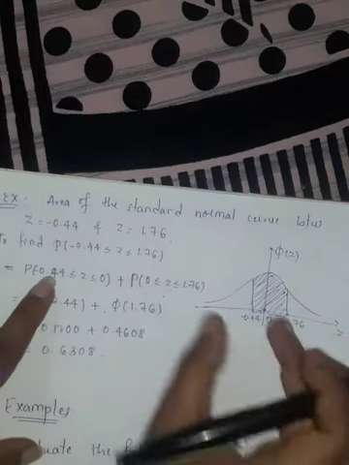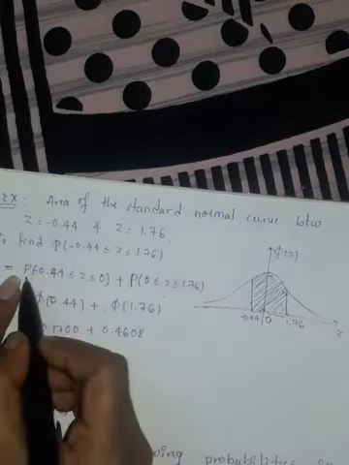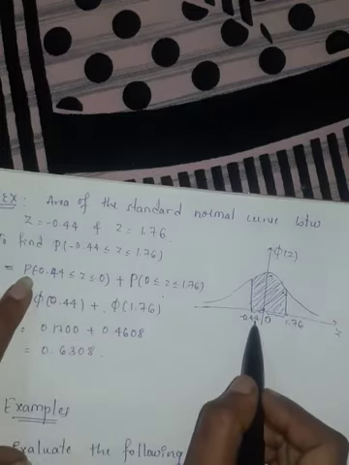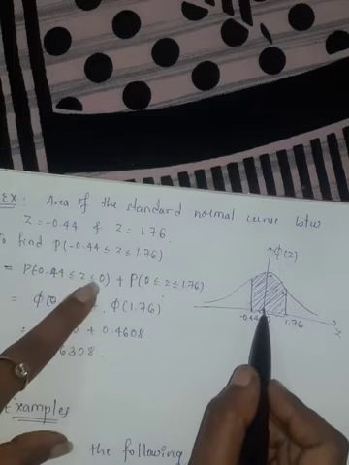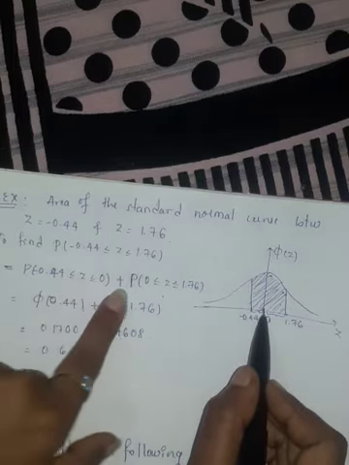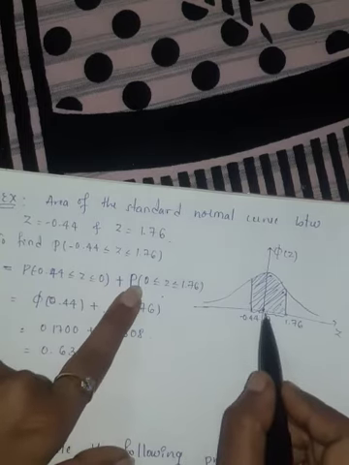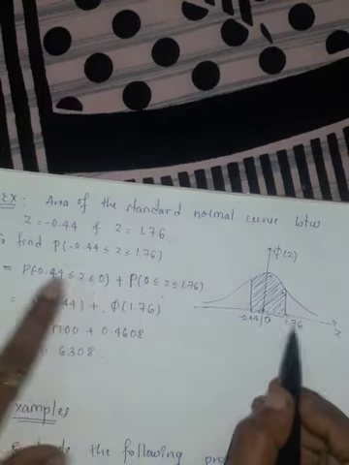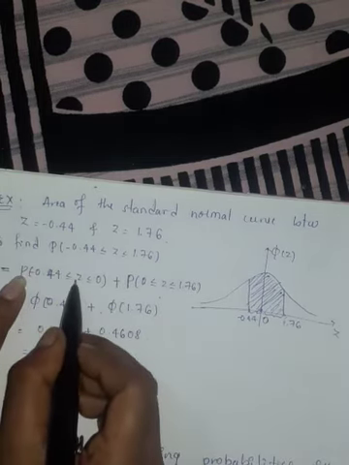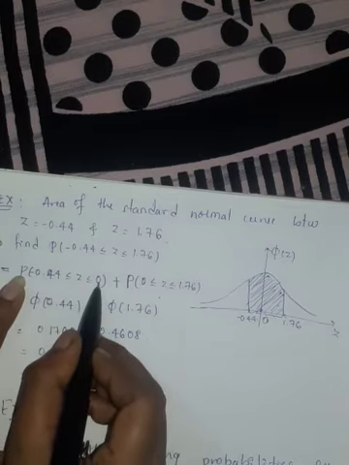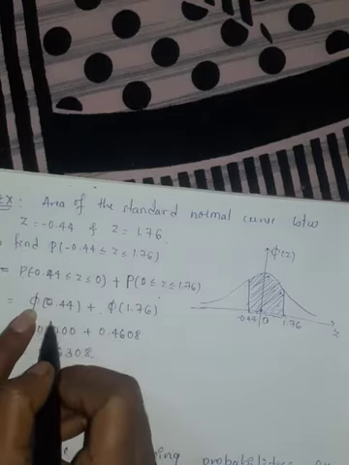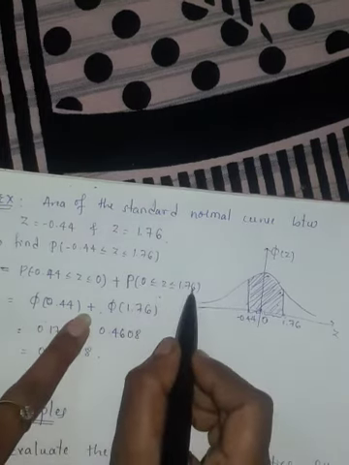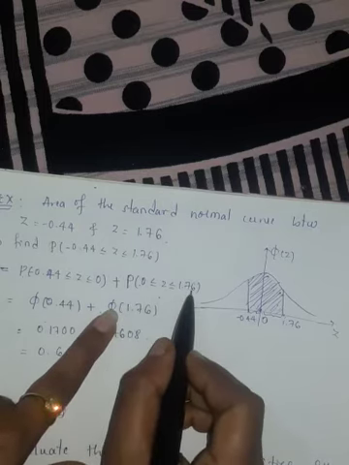So I write the total area as the probability of minus 0.44 less than or equal to z less than or equal to 0, plus the probability from 0 to 1.76. The probability of z between minus 0.44 and 0 can be written as phi of 0.44, plus phi of 1.76.